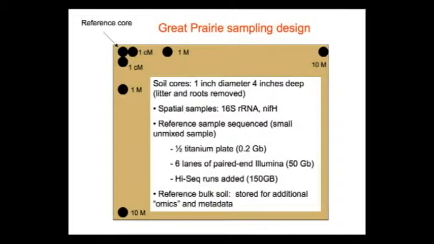Then immediately next to it, 1 centimeter away, was another core, at 1 meter and at 10 meters in each direction. These were sequenced for 16S ribosomal genes by pyrotagging to see how representative this core was of the area.